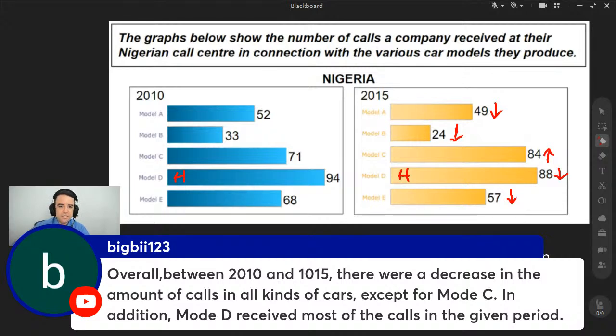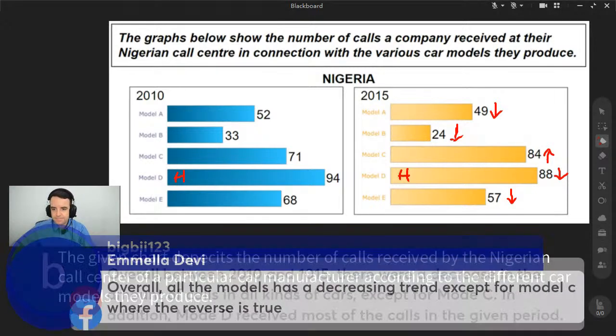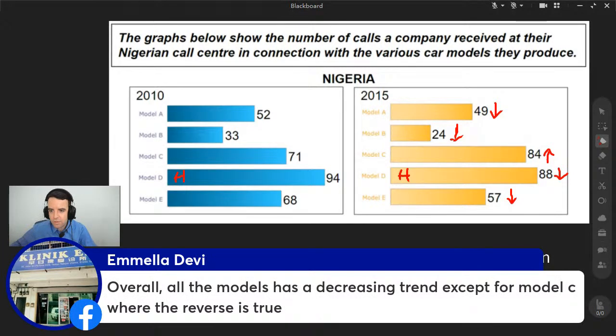Model C, so the Nigerian call center received the calls. Model D accounted for the most calls in both years. Let's just say that. Okay. Overall, all the models had a decreasing trend except for Model C, where the reverse was true.